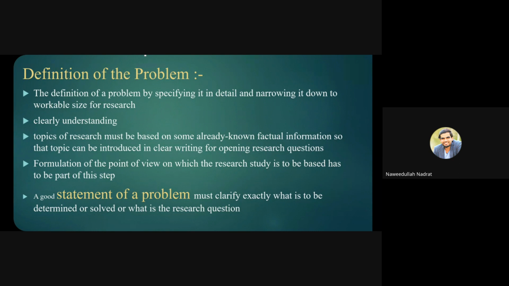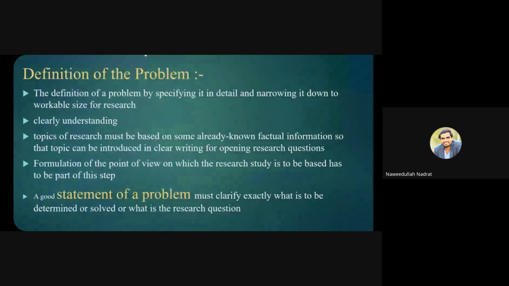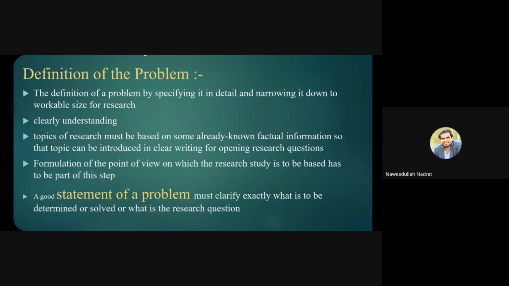Only then can we understand how to define a particular problem. That is why the statement of a problem can define what key indicators we are going to cover. That means what are the prime indicators through which we can deduce or induct our hypothesis.